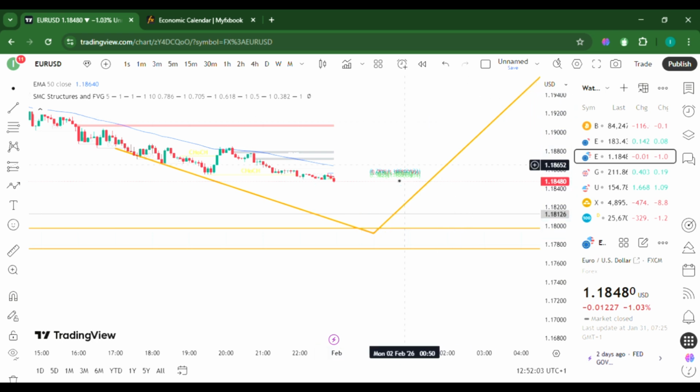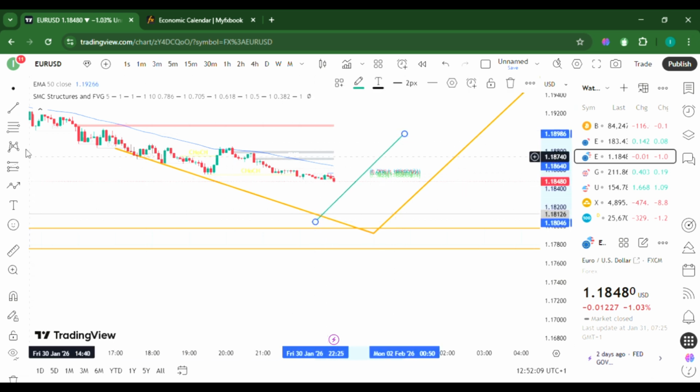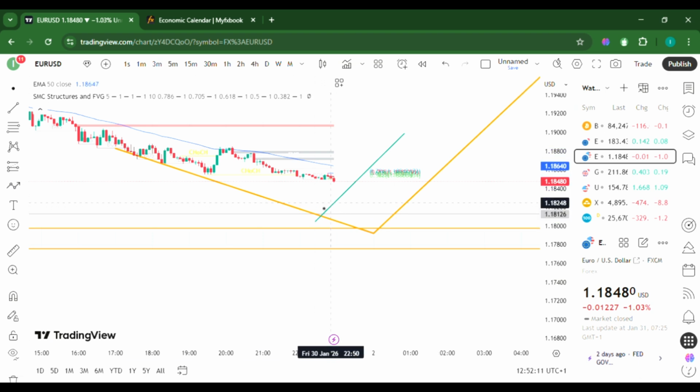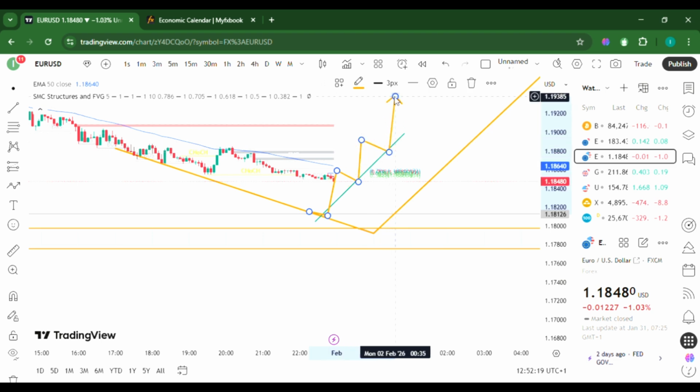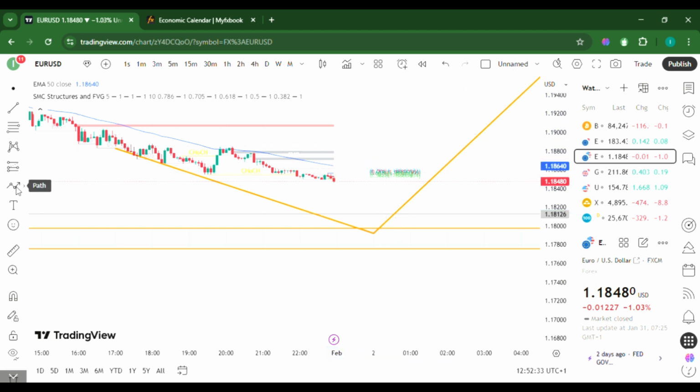You want to see a trend line. It depends on what the market presents to you. You want to see a movement like this: first touch, second touch, third touch. You want to see a price action candle that gives you a long wick, and you are sure price wants to go to the upside.